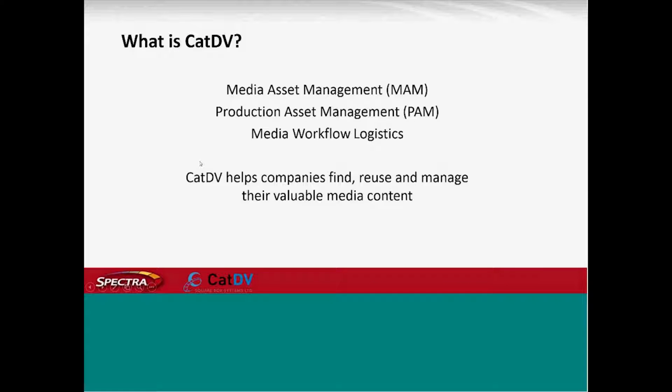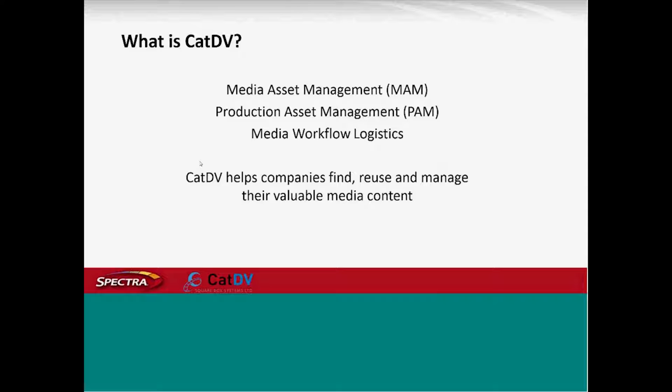So if you can move the slide one for me. I'm going to do a very quick overview about what is CatDV, why does it exist, what kind of things does it do for those folks who maybe haven't come across us before. If you've ever heard people talking about stuff like MAM or PAM, media asset management or production asset management, or media workflow logistics, well, that's the kind of product category that we exist in.